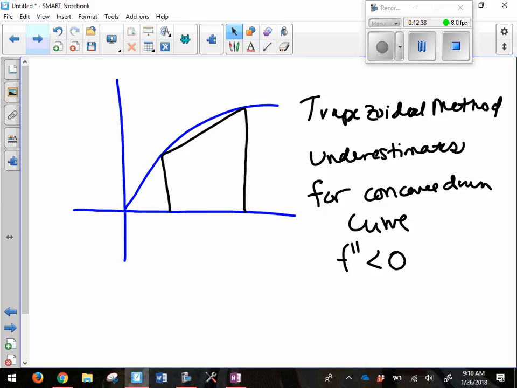So again, a nice thing about this estimation, about finding the area under the curve, is I don't necessarily need an equation, as if I were going to find the integral. I could take a table of values and apply this method, and it might give me a better estimation than LRAM or RRAM would.